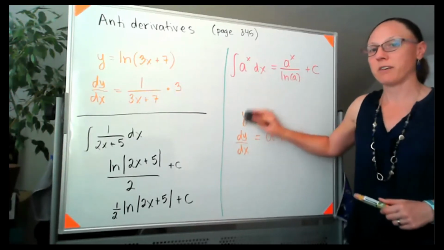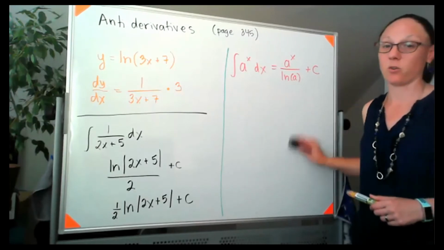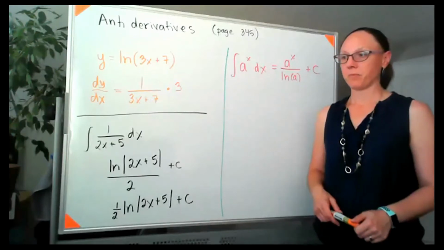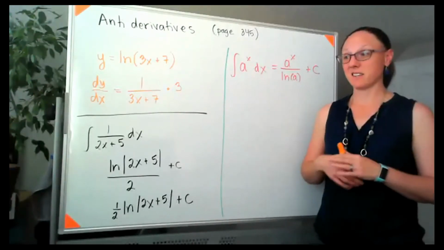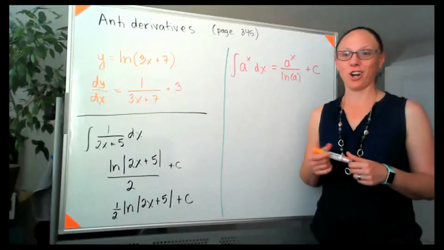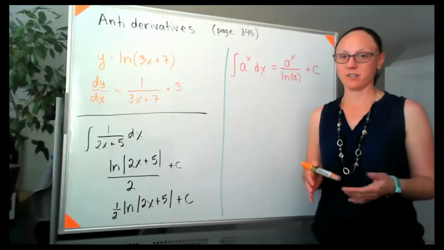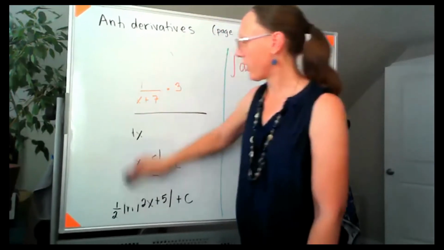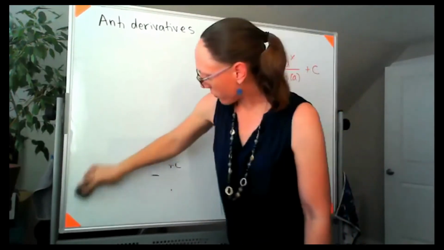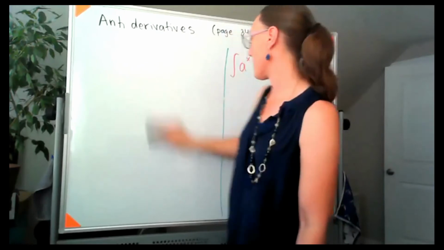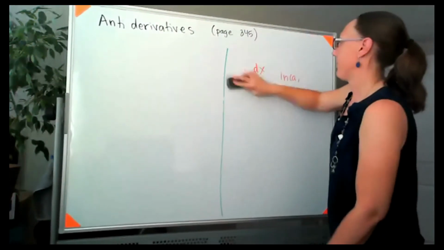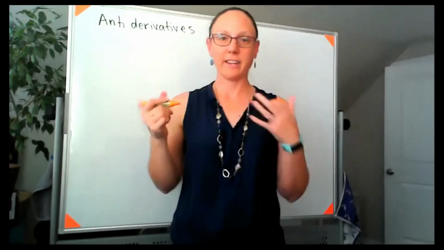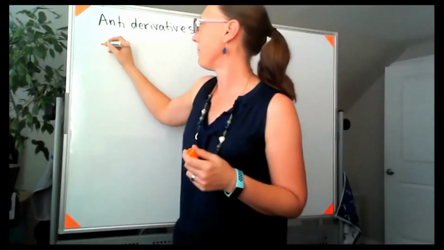And page 345 does not have the derivatives on it. It only has antiderivatives. I'm just showing you those for fun. The next 6 that are in here are all trig functions. So as a quick trig review for us, let's do our 17a, take a bunch of trig derivatives.